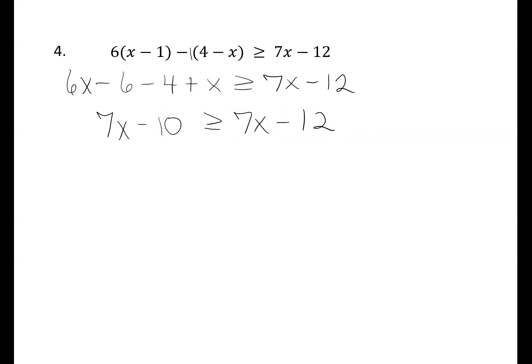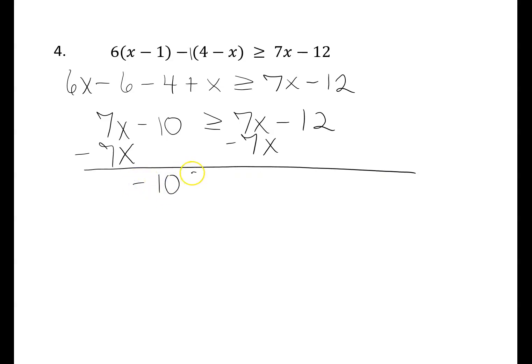And at this point, normally we say, okay, we're ready to move the variable term. We want the variable on the left. So let's move this term that's on the right. And if we do just that on this step, it gets rid of x because 7x minus 7x is 0. I would have a negative 10 left on the left, and I get 0x on the right, and a negative 12.